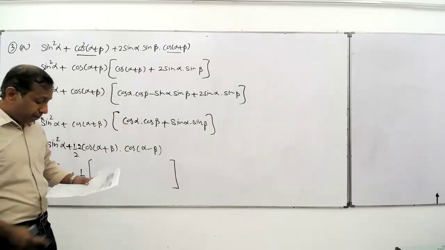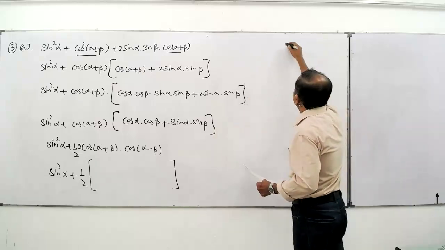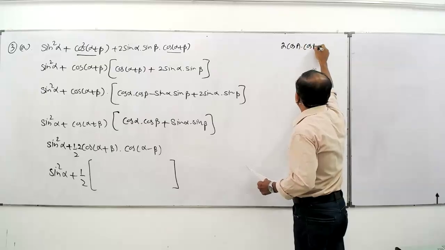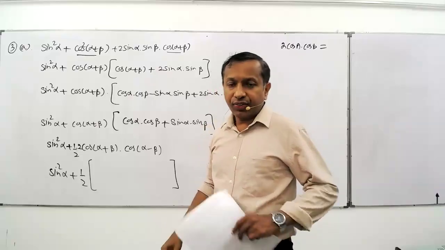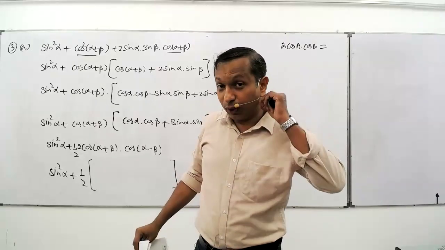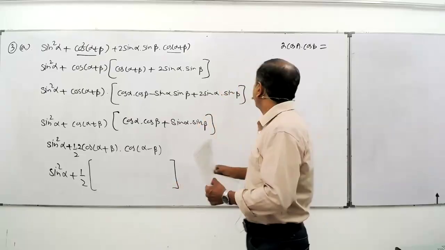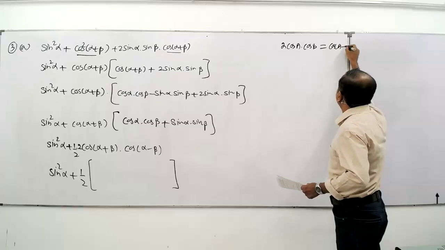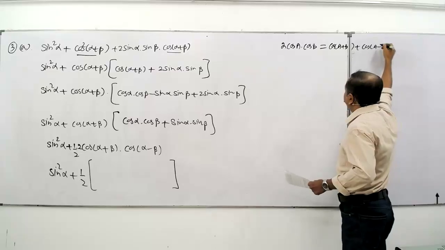Can you remember we learned this kind of product formula, 2 cos A cos B? We learned 28 formulas, and 28 plus 3, 31 formulas. I told you all those formulas are very important, right? 2 cos A cos B is what, people? Cos A plus B plus cos A minus B. Can you remember this? Right, after that we are here.